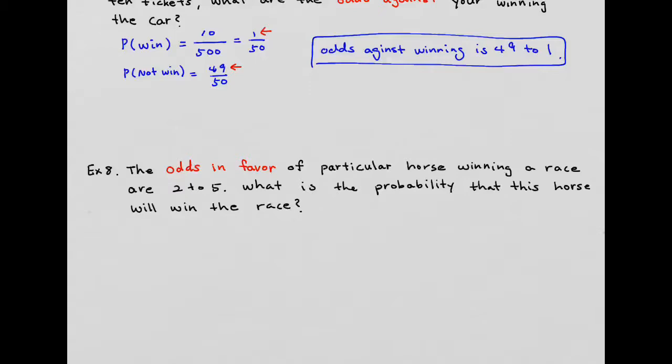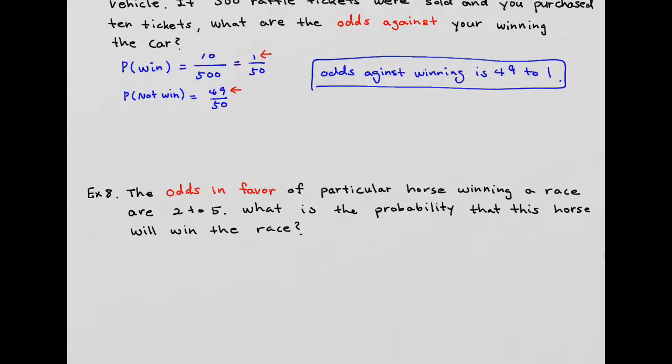Remember from the other problem, probability of winning was 1 over 50. Probability of not winning is 49 over 50. If you add these two numerators, you get the total outcomes.